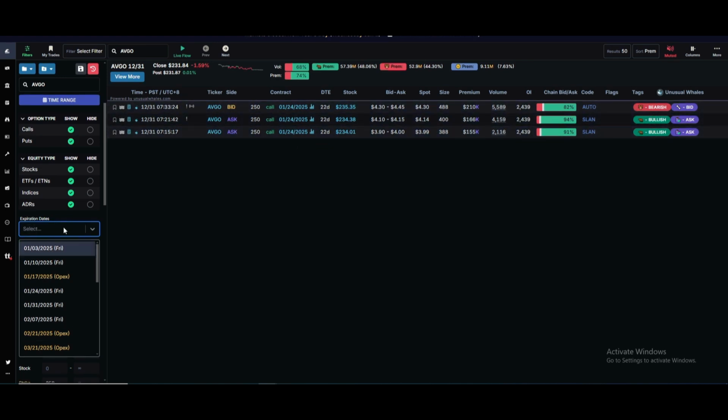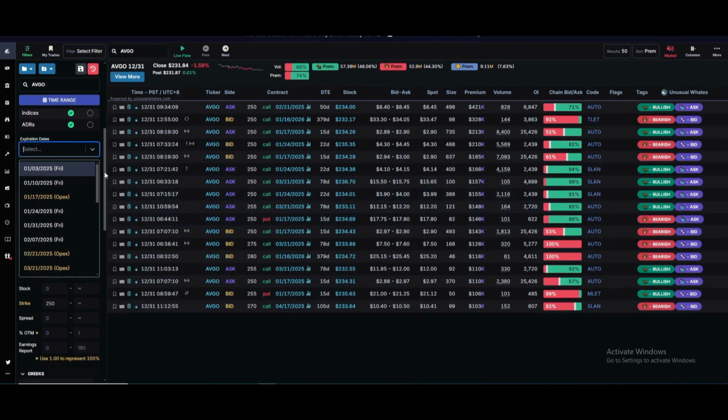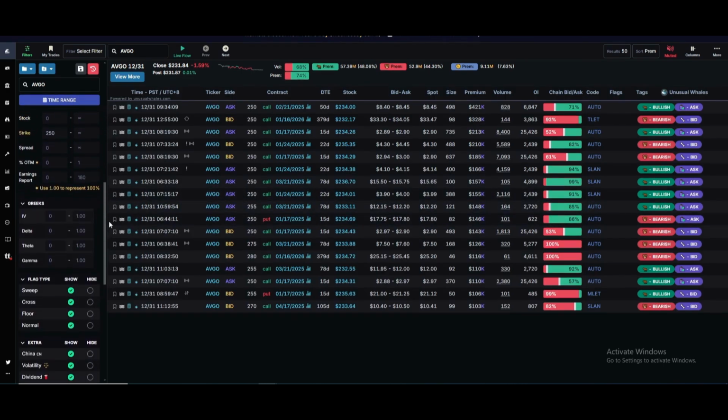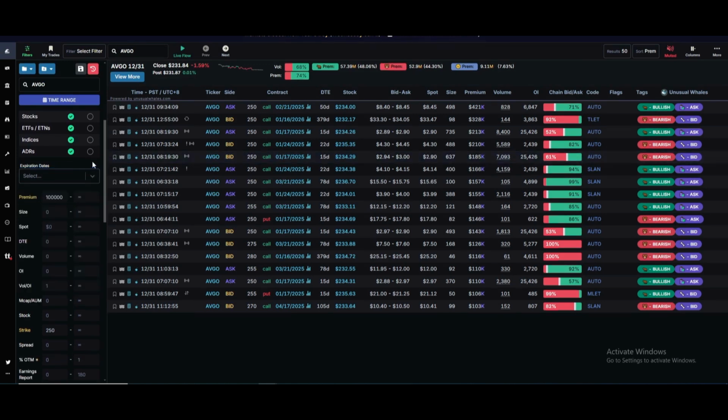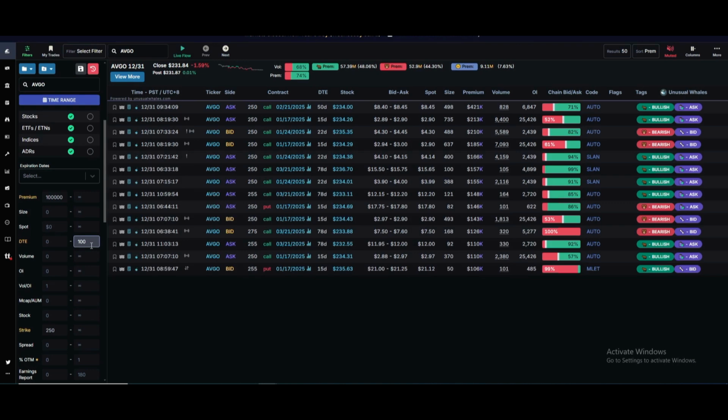So we just get rid of that, and now let's change it to where the days to expiration is, let's say, 100 days. So DTE, we're going to keep it under 100, and that makes things even worse. You can see how there were different things thrown at AVGO, all that expire in less than 100 days.